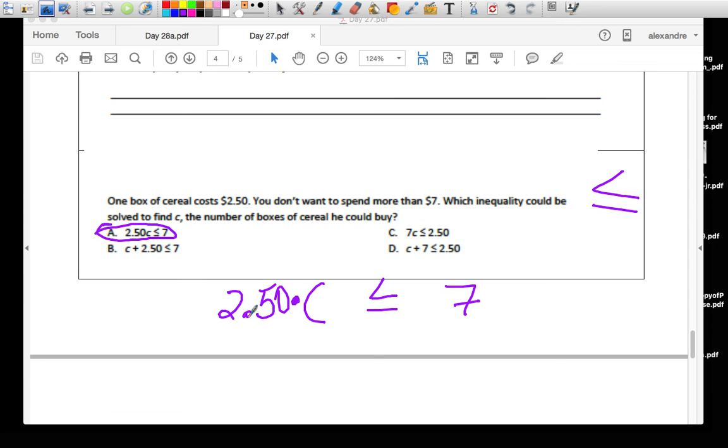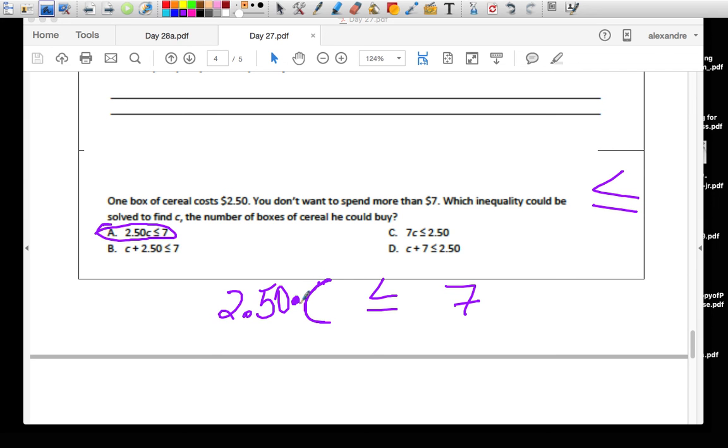Each cereal box is $2.50, right? I'm sorry, I'm doing this backwards. Okay, each cereal box is $2.50. We gotta multiply by the number of cereal boxes that we're going to buy.